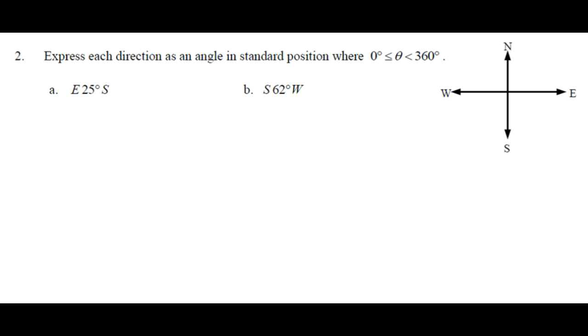Express each direction. So there are navigation angles. Okay, so they're angles, so everybody's heard of north, east, south, and west, right? There's navigation angles, you're heading north, whatever. In navigation, north is 0 degrees, right?